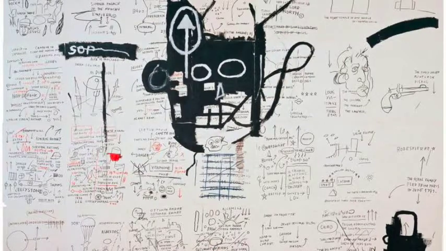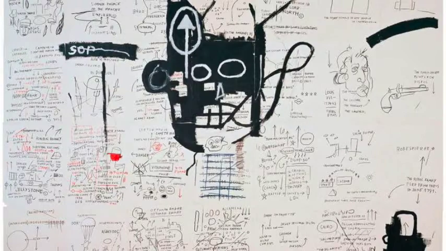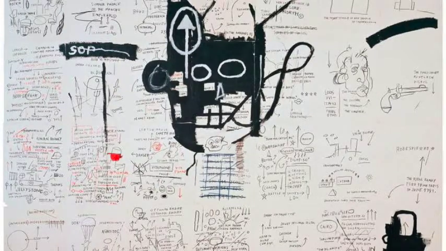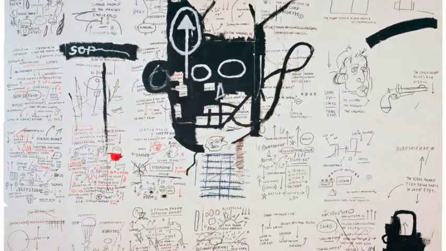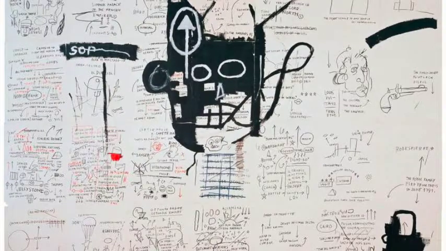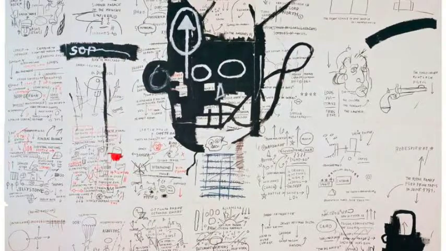It's a fairly large painting, probably 4 feet by 6 feet or so, and there's a lot of text and shapes and images within the artwork. So there's a lot going on.